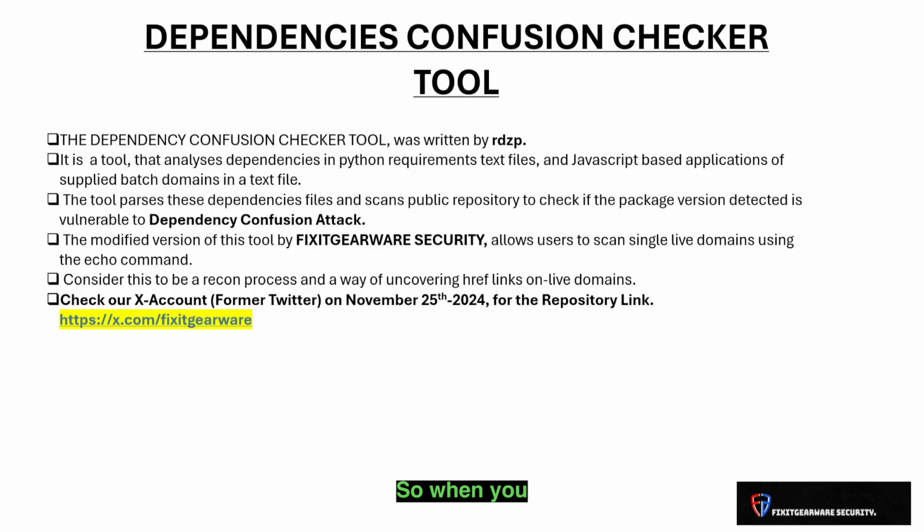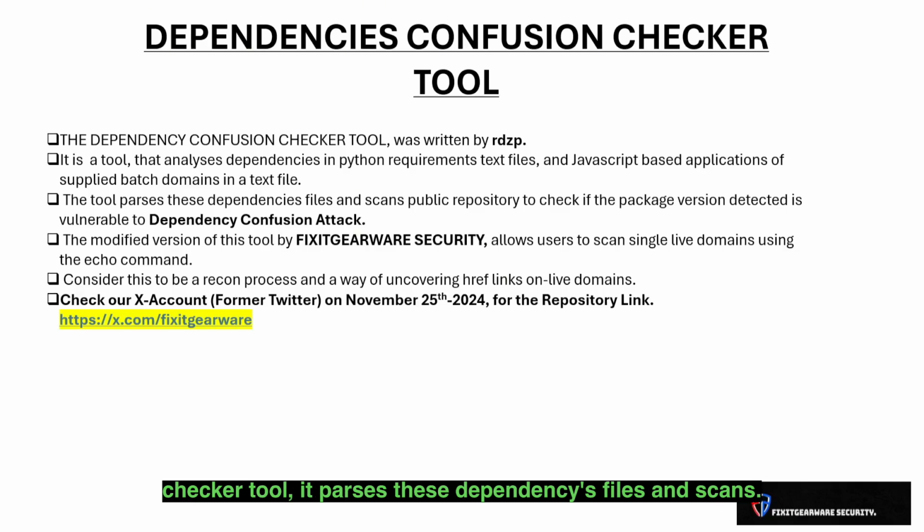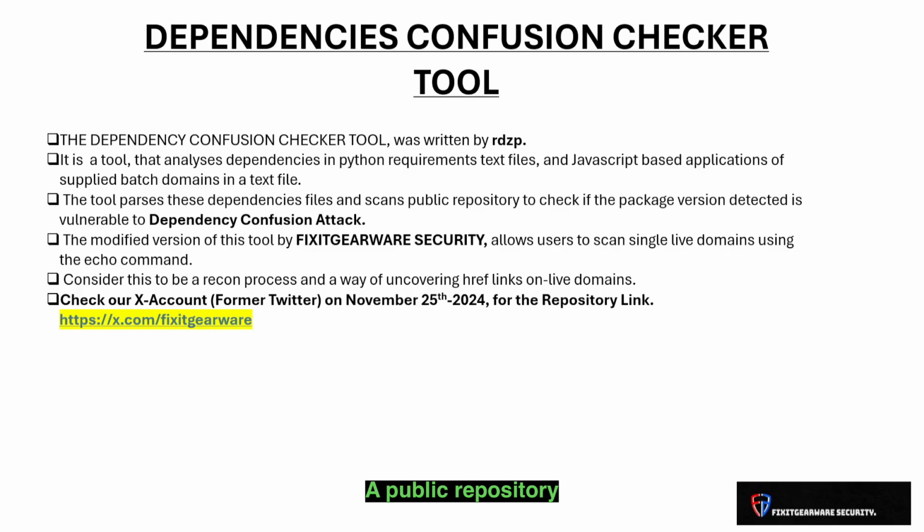So when you feed this batch of URLs to the dependency checker tool, it parses these dependency files and scans a public repository, which in this case will be either npm or pypi, depending on what code these files are hosted on. So if it's JavaScript, then it's going to scan the public repositories of npm.